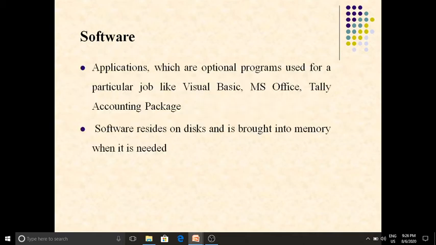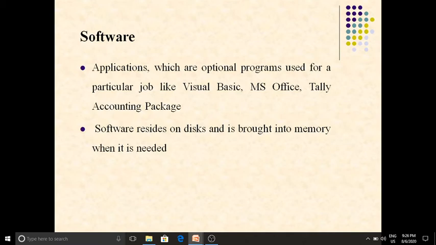Along with the operating system, we need applications like MS Office, Tally accounting package, and Visual Basic.